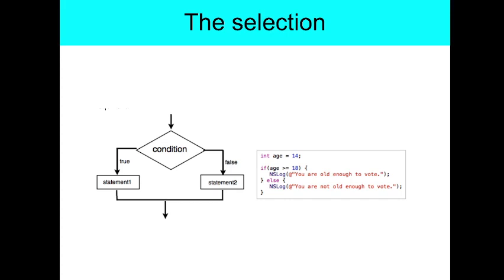This is the selection. According to a given condition, a test, if it turns out that there's a positive answer, then you do something, you go to this statement. If the answer is no, which is, the condition is false, then you will go to the other statement.